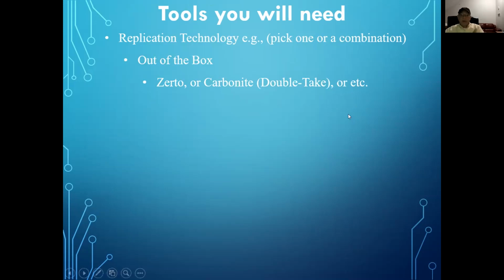There's half a dozen other third-party, out-of-the-box server replication products out there. I use Zerto because that's what my ISP came up with. I have two or three IT buddies, and all of their companies are looking at Zerto because I think it is probably one of the top server-based replication tools. And I have a little slide that shows that they're actually rated as number one by somebody.